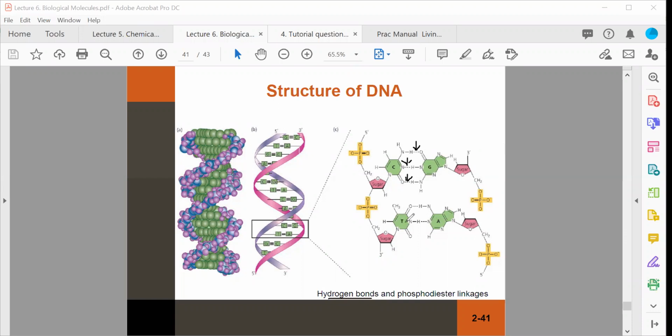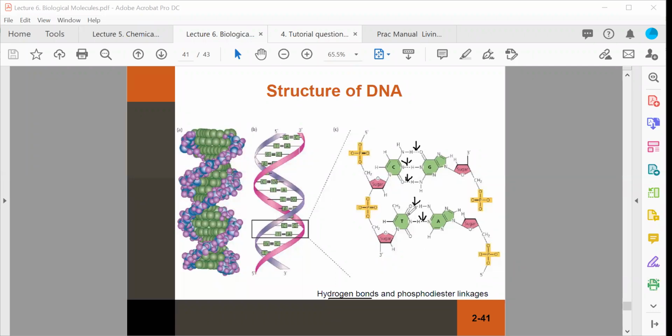Between adenines and thymines, we have the same bonds, but only 2 of them. Only 2 hydrogen bonds hold those DNA strands together. And that's why when there's a cytosine on one strand, it will always bond to a guanine in the opposite strand.